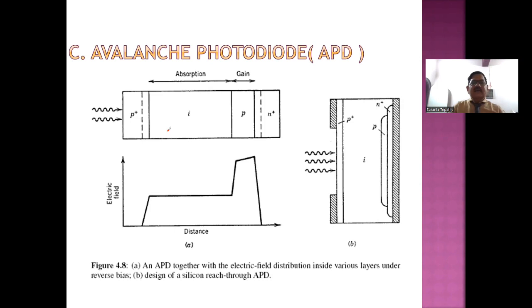In that sense, you can compare this pin diode to the vacuum photodiode, and you can compare the avalanche photodiode to the photomultiplier. Now let us try to understand how this multiplication of electrons can be done using the avalanche photodiode. Here, of course, you are not using any dynode as in the photomultiplier, but here you have restructured this pin photodiode.